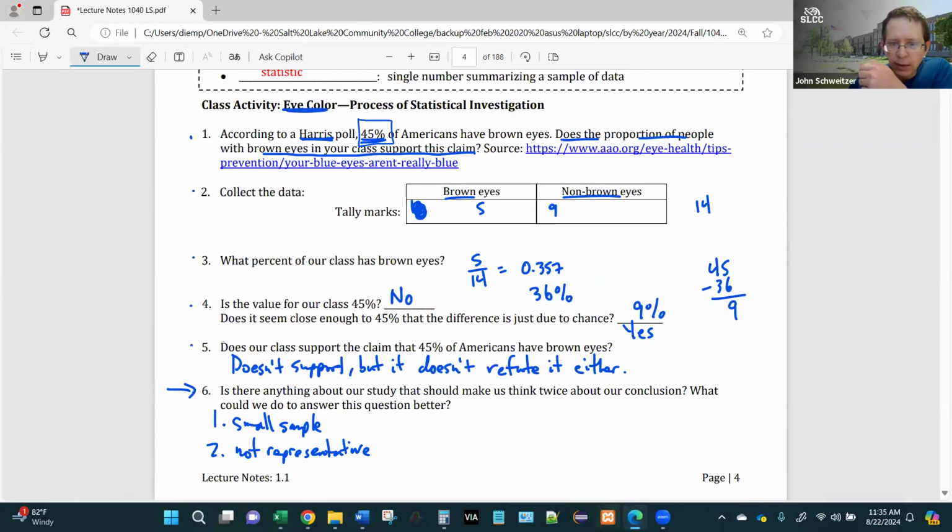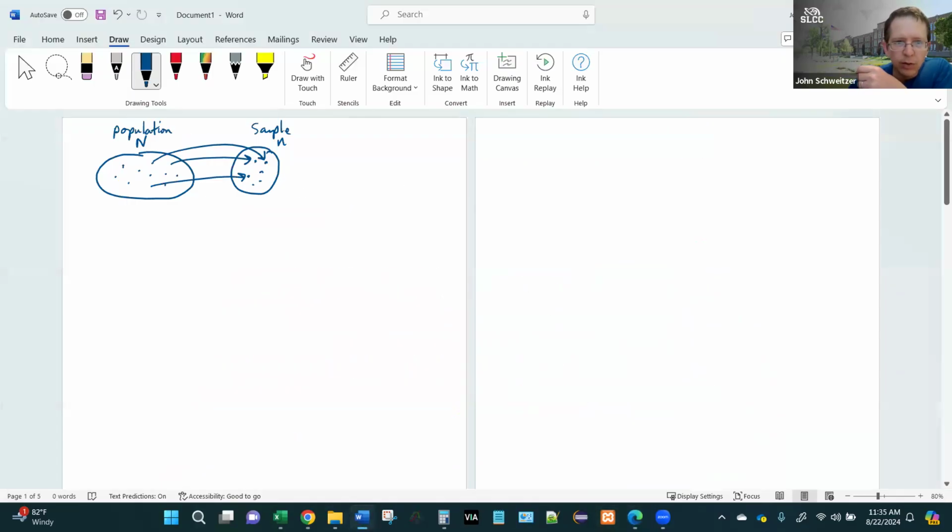Okay, so 14 and 36, let's remember those numbers. So our sample size for our study was 14. So from that sample, we got our proportion, right? 36%. Okay, this is known as a statistic.